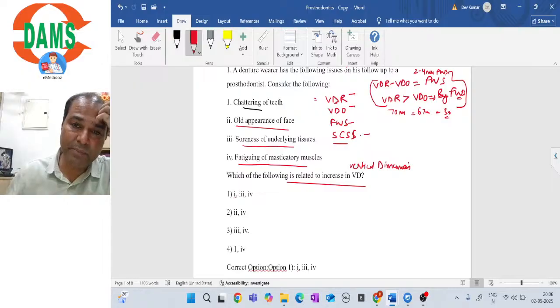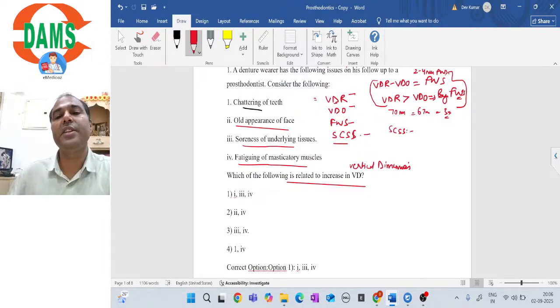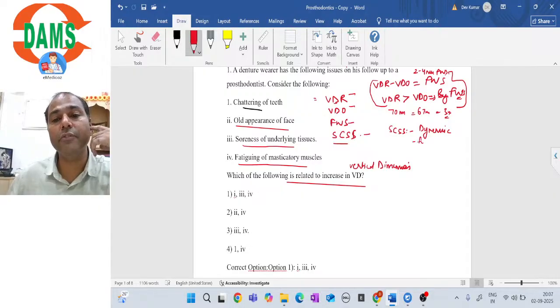Then there is Silverman's closest speaking space. Now this is a dynamic entity, and we record it at the function of speech. We ask the patient to say s, ch, jh.